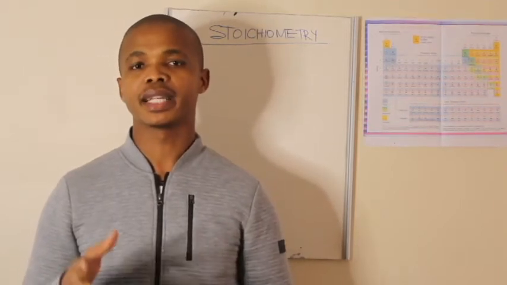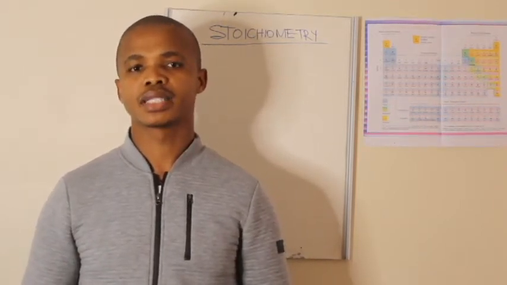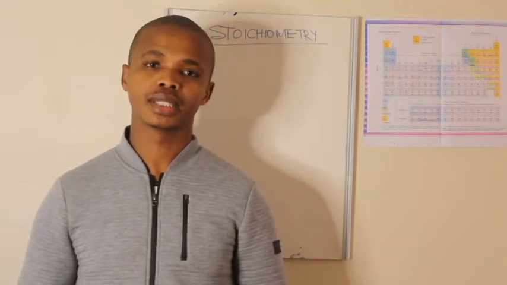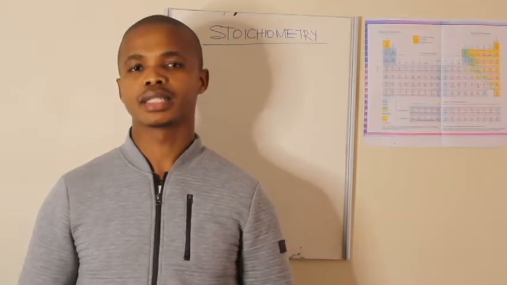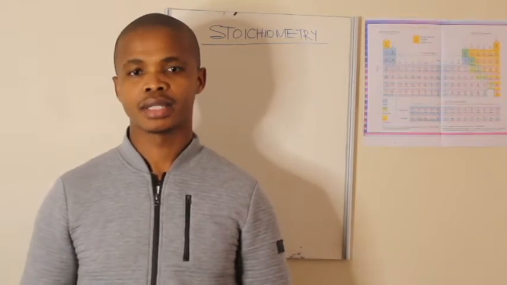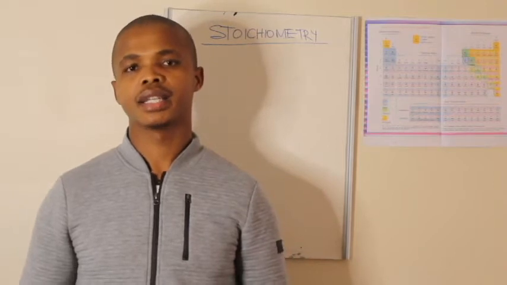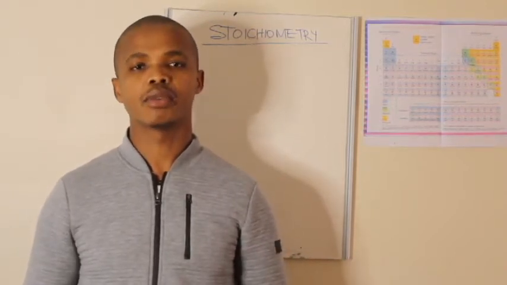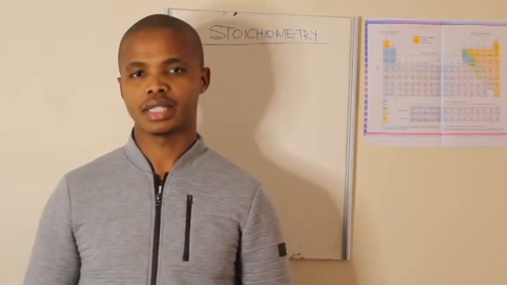But when we were doing that, we only focused solely on one compound, and on one element in that compound. But what usually happens is that a reaction occurs among more than one compound in the form of a chemical equation.